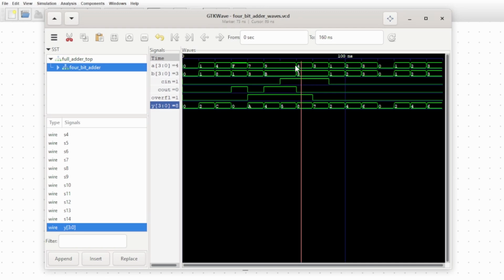Even though these are both positive numbers, because I'm adding that cin, we actually get an overflow because we get an 8, which, once again, is 1000, which has an overflow because we're only allowed to use those first 3 bits. So we get an 8 with an overflow, which is a negative 8. So once again, just showing that we can use the carry in as a way to get us an overflow.